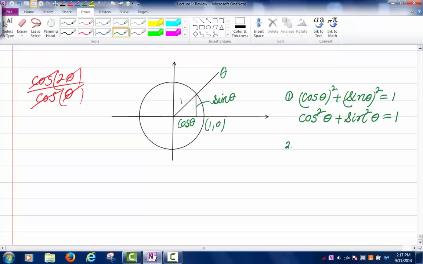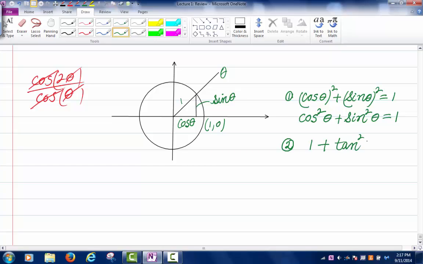What's the second identity? Well, let's divide this equation throughout by cosine squared. So what do I get? If I divide cosine squared by cosine squared, what do I get? 1. If I divide sine squared by cosine squared, I get tangent, because sine over cosine is tangent, right?